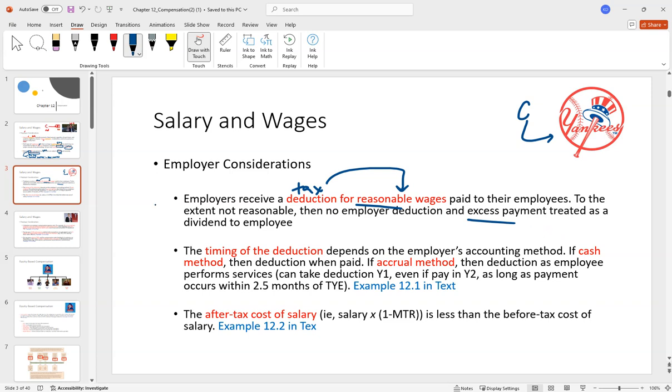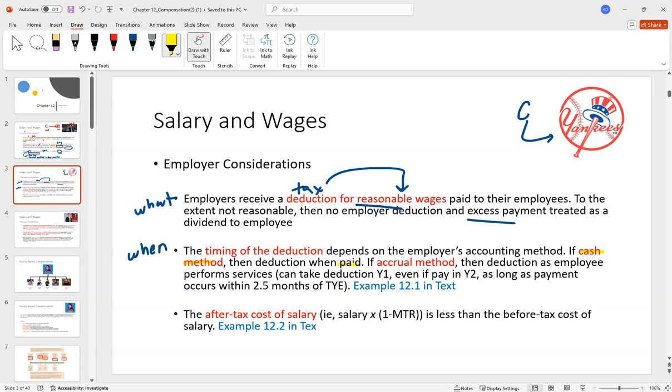So we talked about what they get: they get a tax deduction. The next question is, when do they get that? Well, it depends on if they're cash or accrual method. If the Yankees are cash method, they get the deduction in the year they pay it. Cash out, expense.